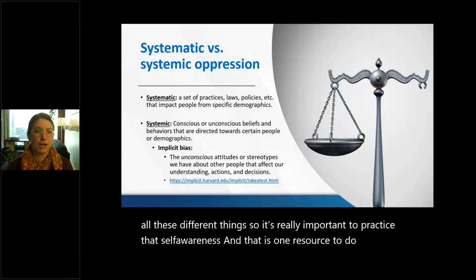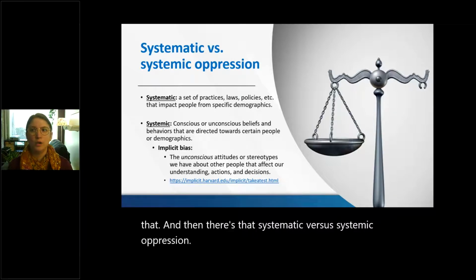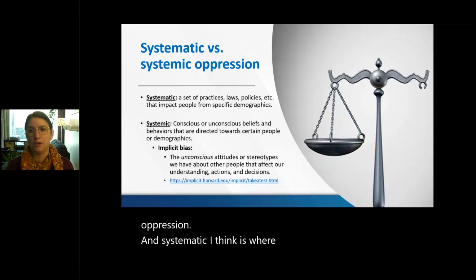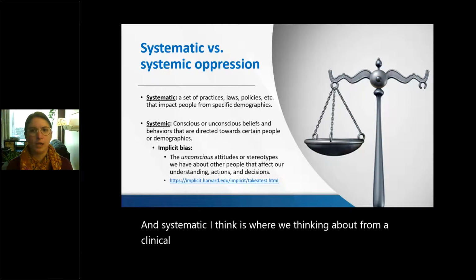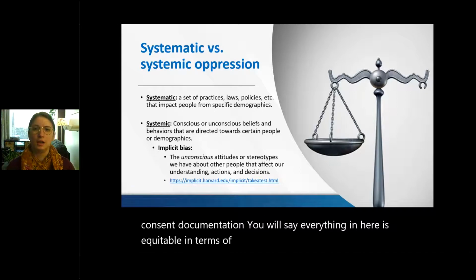And then there's that systematic versus systemic oppression. And systematic, I think, is where, thinking about it from a clinical perspective, in our paperwork, in our informed consent documentation, we'll say everything in here is equitable in terms of who we serve, and the language that I use is inclusive.